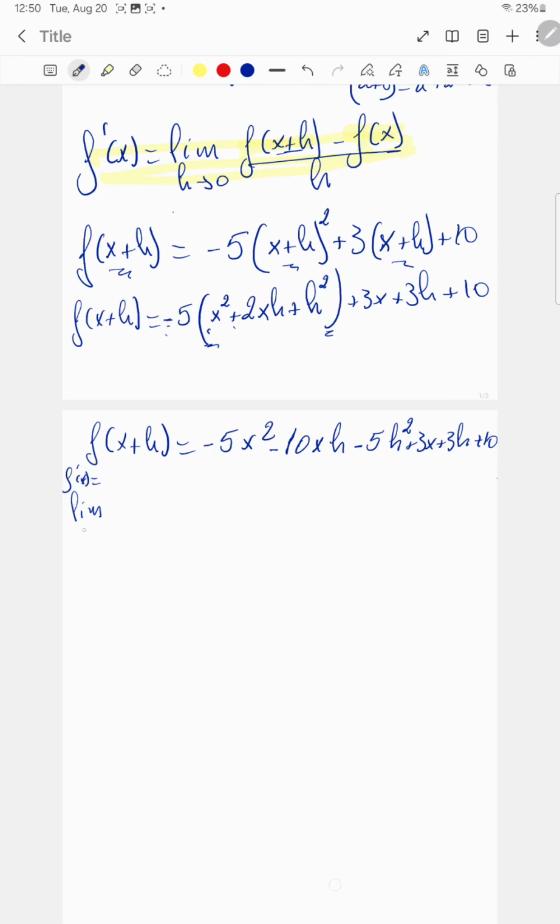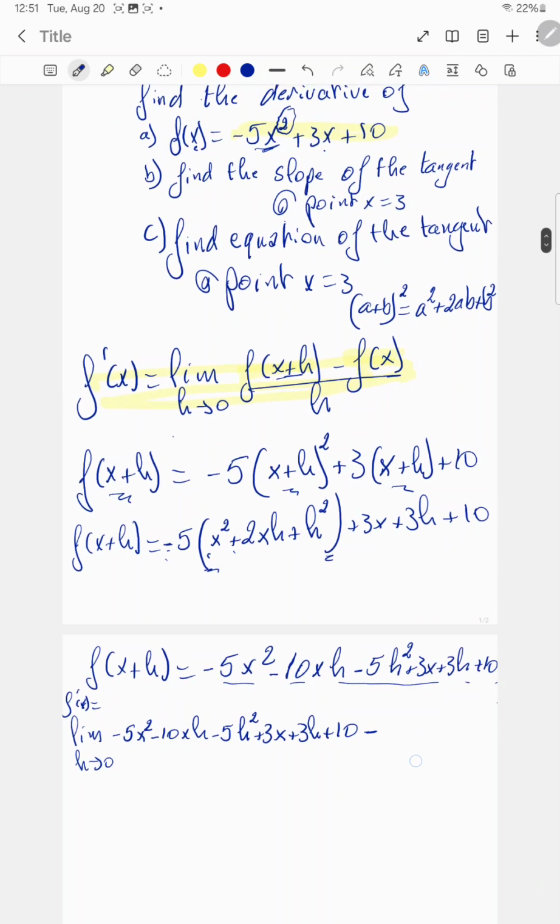equal to the limit when h goes to 0 of f of x plus h, which is here. So it is minus 5x squared minus 10xh minus 5h squared plus 3x plus 3h plus 10, minus f of x.